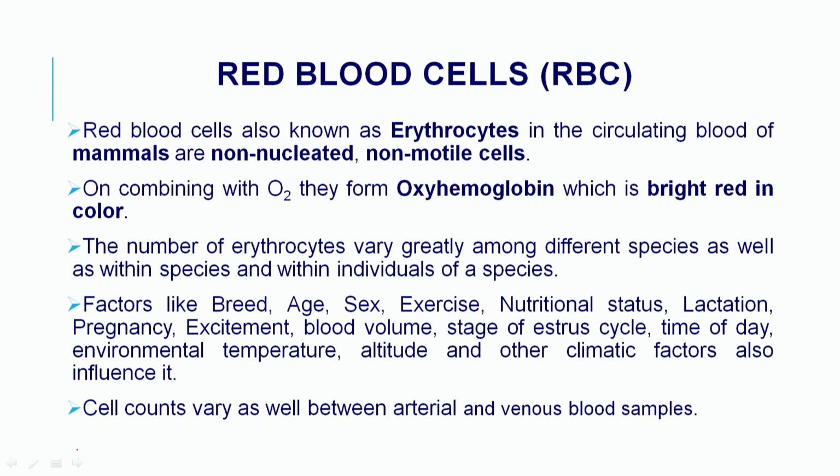Factors like breed, age, sex, exercise, nutritional status, lactation, pregnancy, excitement, blood volume, stage of estrous cycle, time of the day, environmental temperature, altitude and other climatic factors also influence the number of red blood cells in individuals. Cell count varies as well between arterial and venous blood samples.